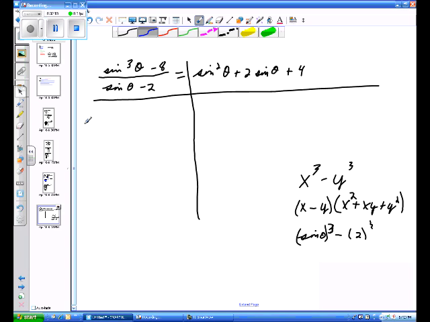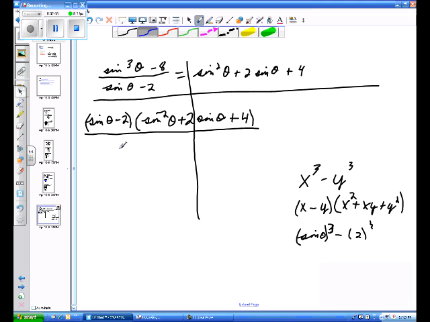This would factor to be sine theta minus 2, what we cubed minus what we cubed, times we square the first one, sine squared theta, change the sign, then the product of the two, which would be 2 sine theta, plus the last term squared, which is 4, over sine theta minus 2.